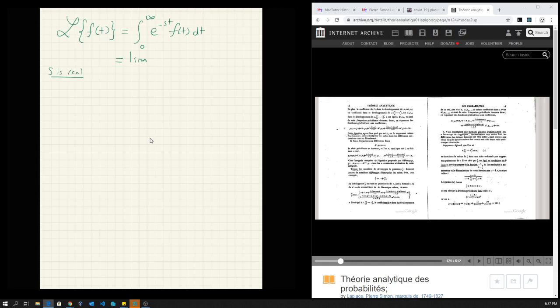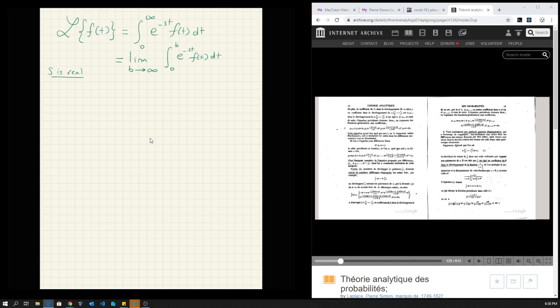So remember that. The other very important thing is obviously the calculus side of this integral. It's an improper integral. So how did we deal with that in calculus? Well, you would rewrite this as a limit. So this becomes the limit as b approaches infinity of the integral from 0 to b of e to the negative st times f of t dt.